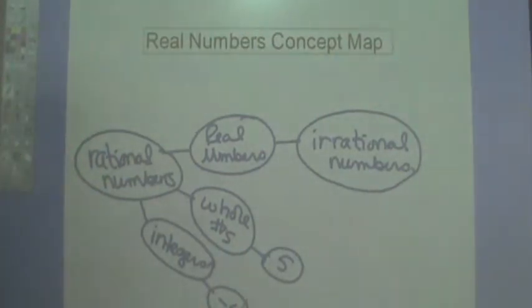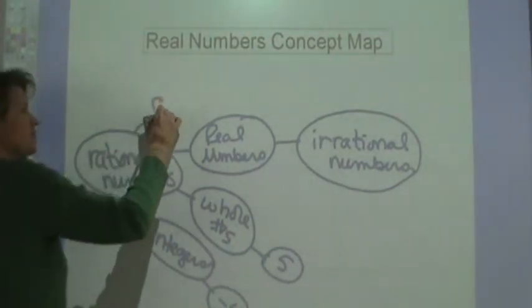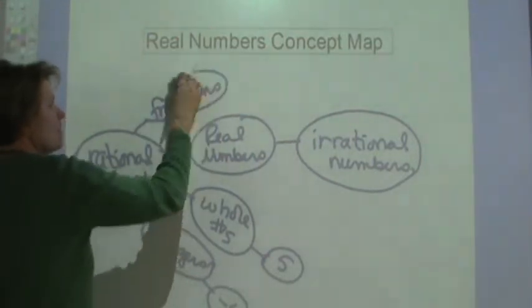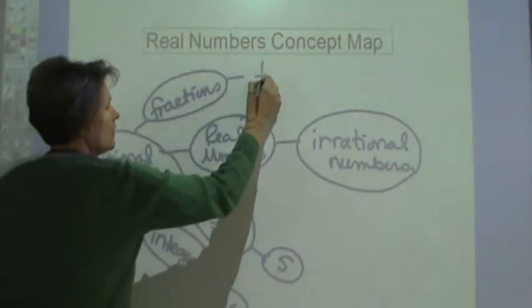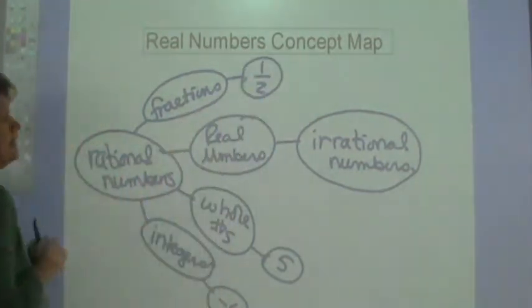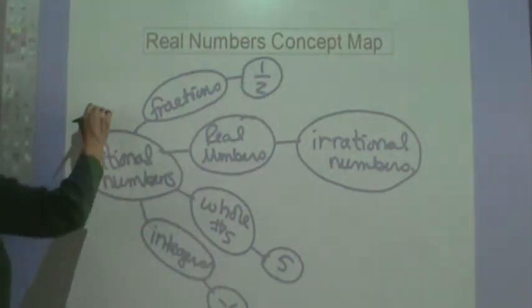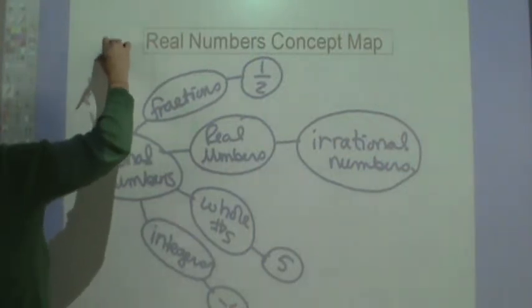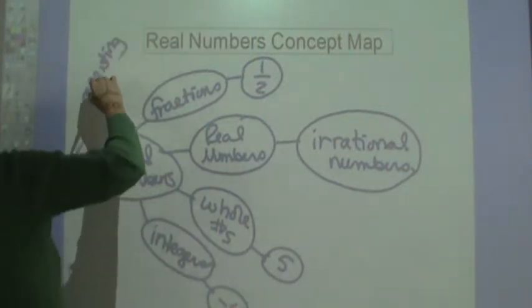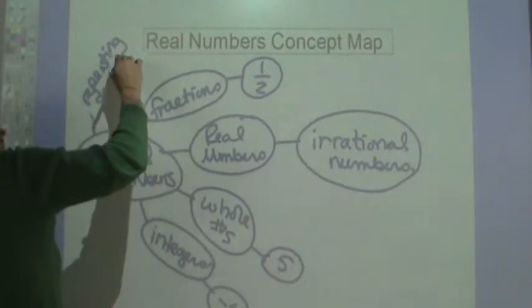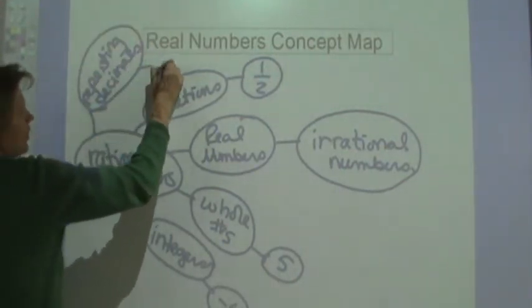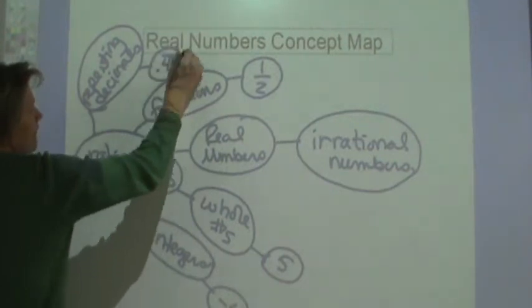Whole numbers, integers. We've got fractions, so like a half. We've got repeating decimals, so like 0.4 repeating.